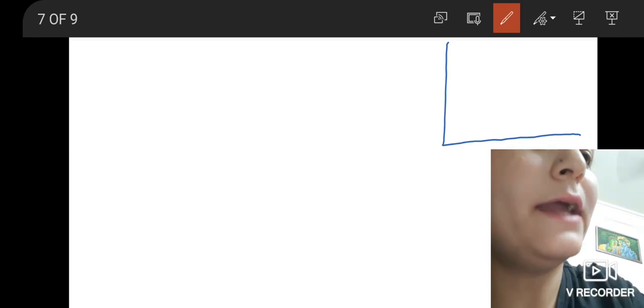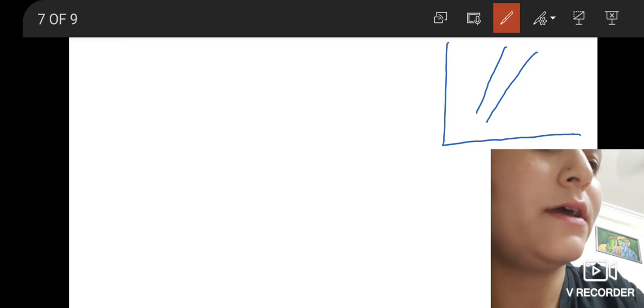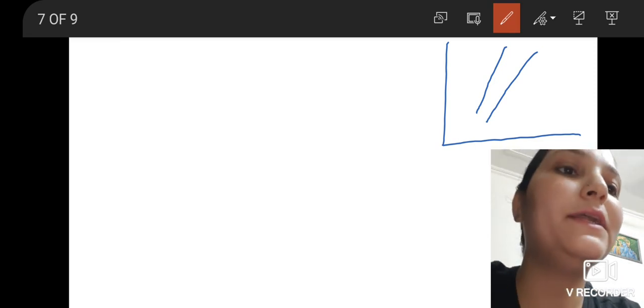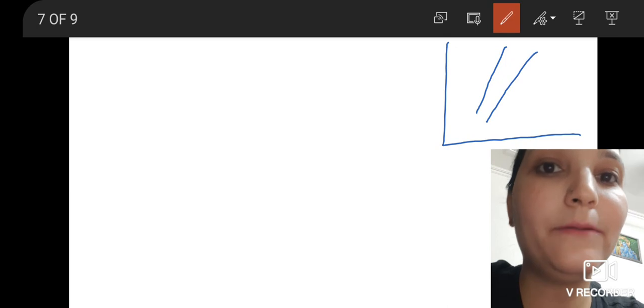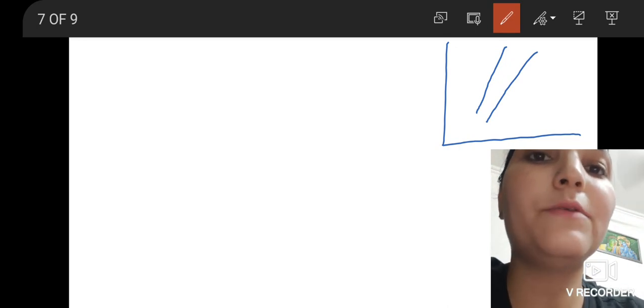What will that be? If two lines are parallel to each other like this, they never meet each other. So these are a pair of linear equations where the two lines never meet, they are parallel.